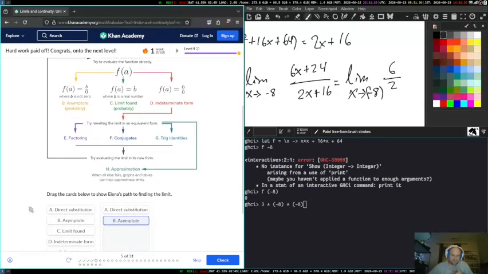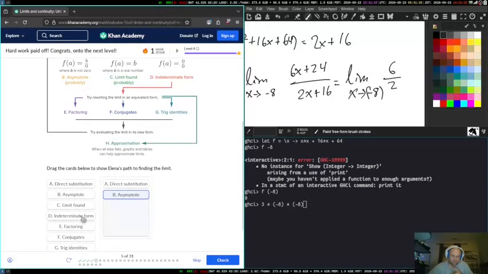So it's going to be an indeterminate form. Then what are conjugates? I don't know, factor it maybe? I don't really remember how to factor polynomials.